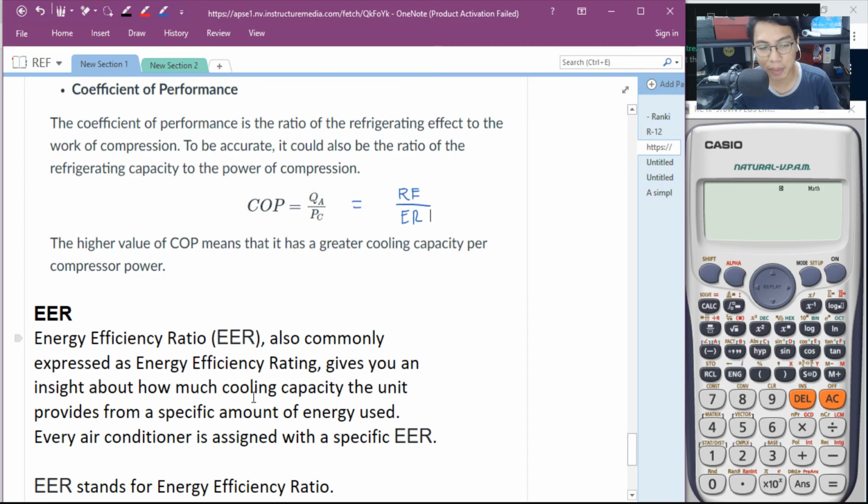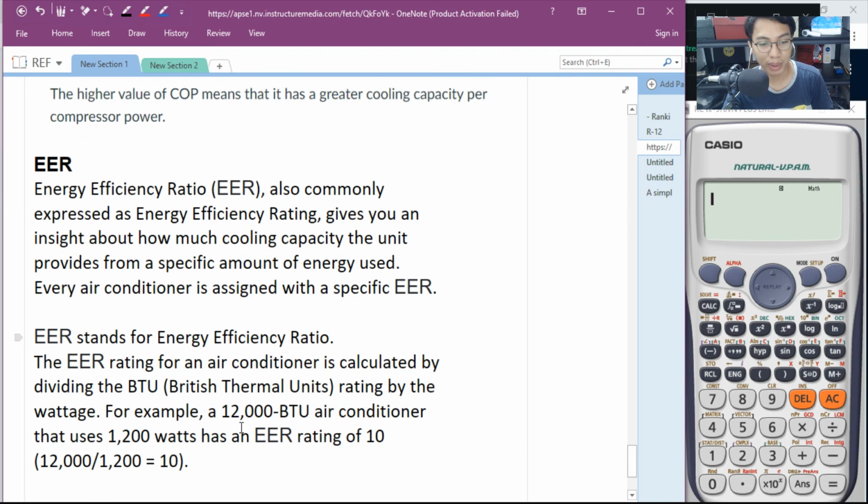So, also commonly known, expressed as energy efficiency rating or ratio, gives you an insight of how much cooling capacity the unit provides from a specific amount of energy used. Every air conditioner is assigned with specific EER. So, the higher the EER, the better the energy consumption of your cooling unit.